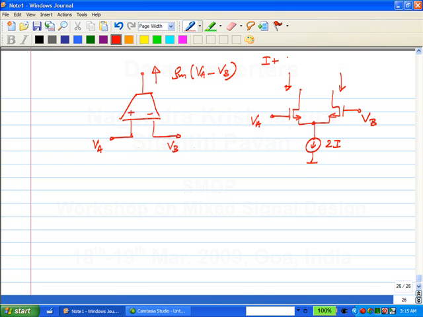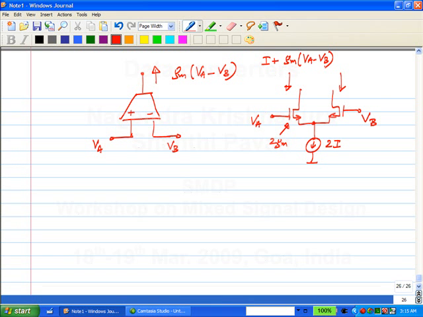If the transconductance of this transistor is represented by 2GM, then this will be GM times VA minus VB. Okay? And I am calling the transconductance of the transistor 2GM just so that I don't get that 1/2. Similarly, what will be the current on the right leg?